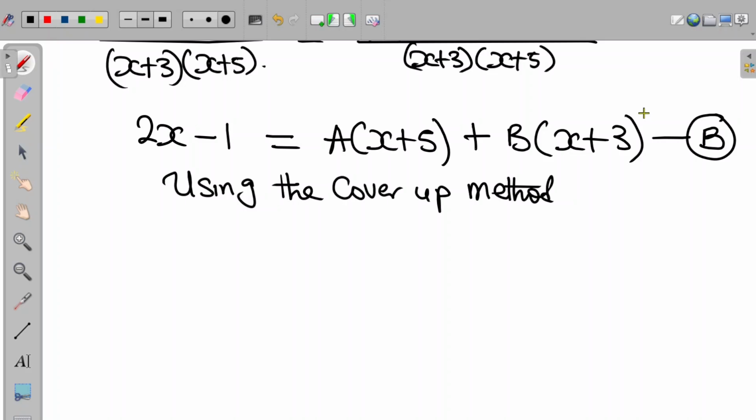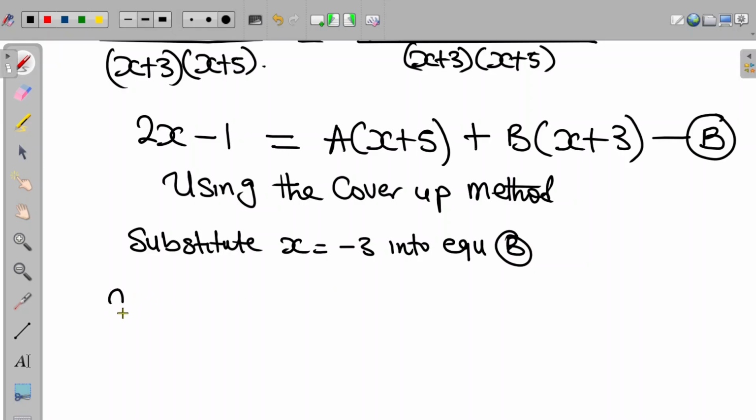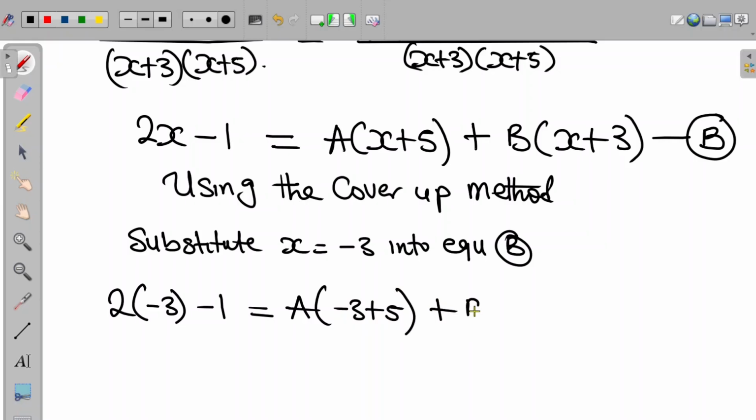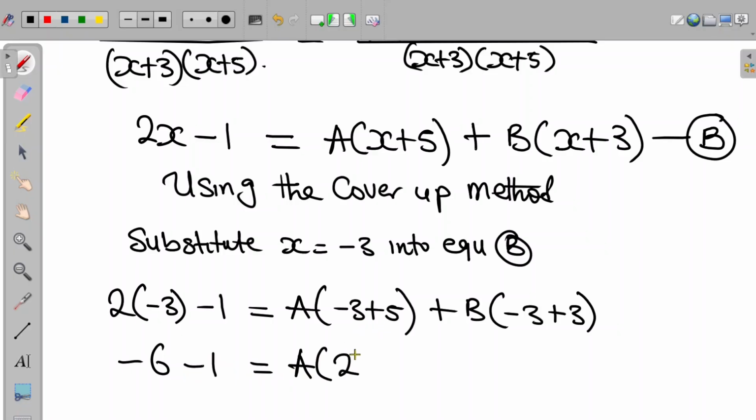Now let's obtain the value of A by substituting x equal to minus 3 into equation B. So this becomes 2 multiplied by minus 3 minus 1 equal to A, open bracket, minus 3 plus 5, plus B, minus 3 plus 3. Now 2 times minus 3 is minus 6 minus 1 equal to A, open bracket, minus 3 plus 5 is 2, plus B multiplied by minus 3 plus 3, which is 0.